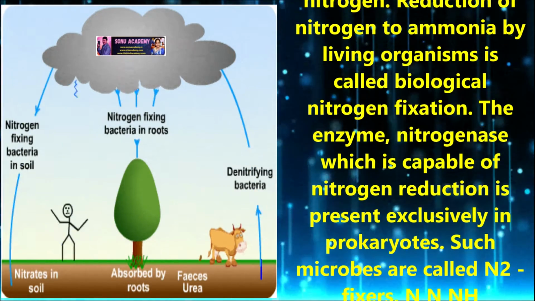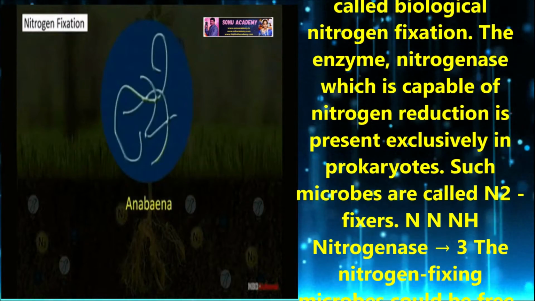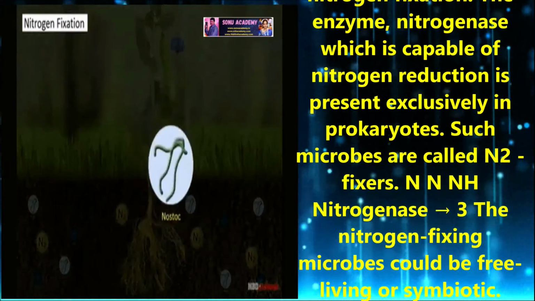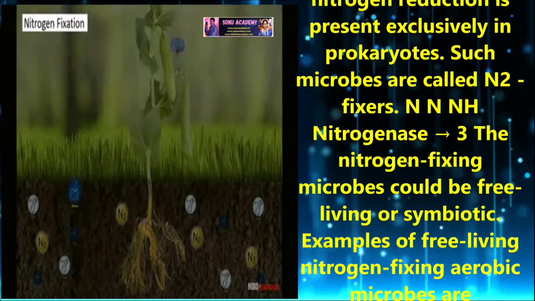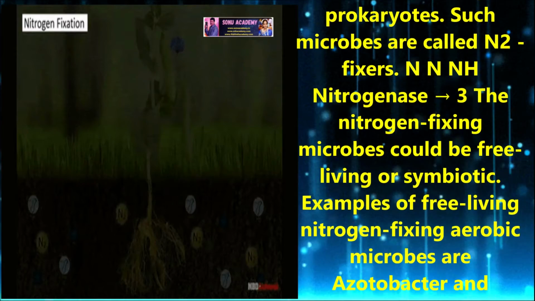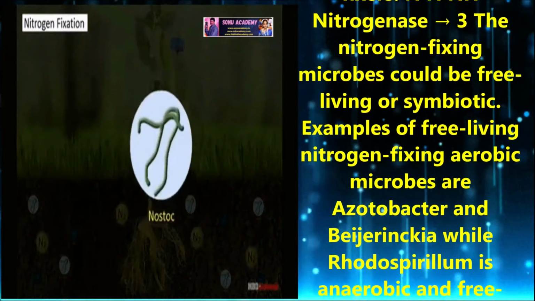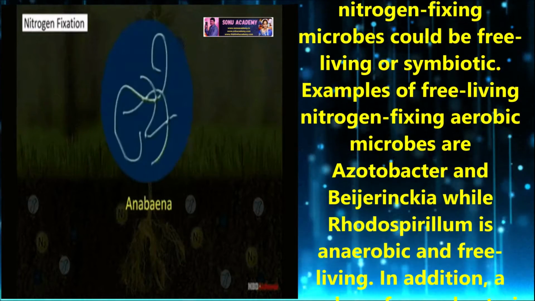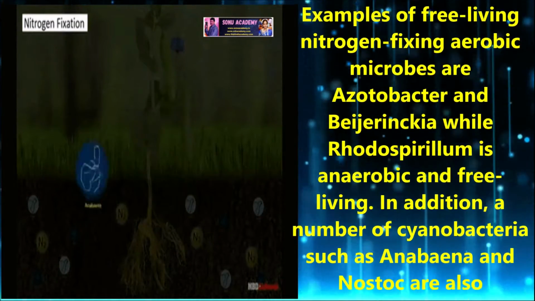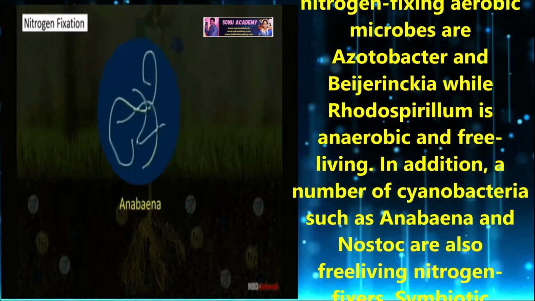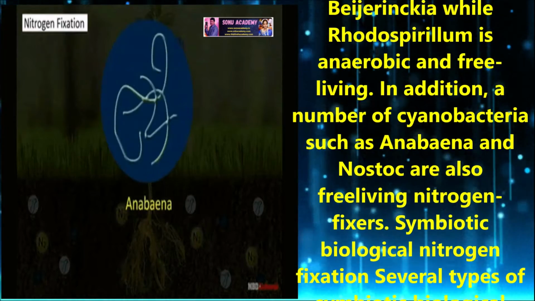Such microbes are called N2 fixers. The nitrogen fixing microbes could be free living or symbiotic. Examples of free living nitrogen fixing aerobic microbes are Azotobacter and Beijerinckia, while Rhodospirillum is anaerobic and free living. In addition, a number of cyanobacteria such as Anabaena and Nostoc are also free living nitrogen fixers.